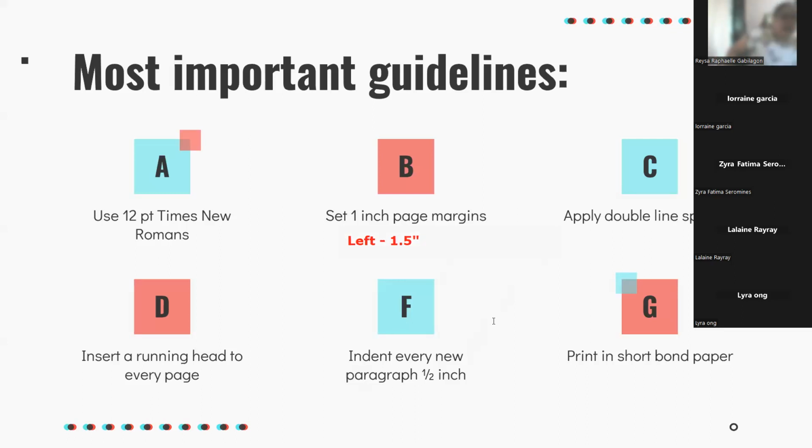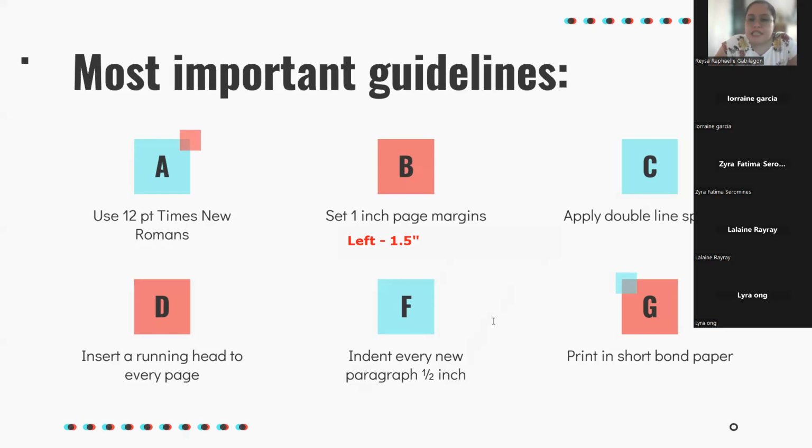When it is hard bound, the left side gets eaten by the binding, and sometimes it eats into the body of the paper so it can no longer be read. That is the only reason we use 1.5 on the left side. The other sides, the top and the bottom, are 1 inch.